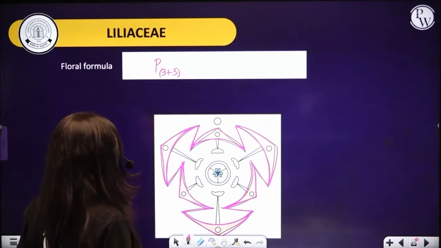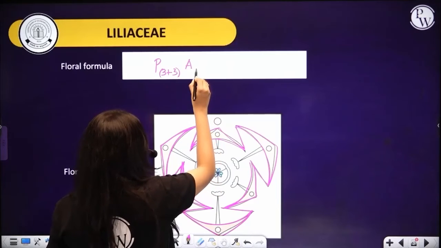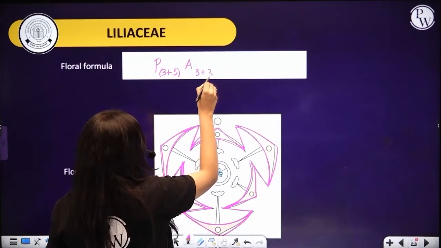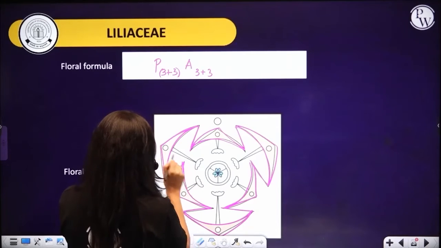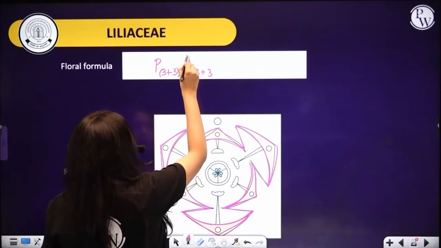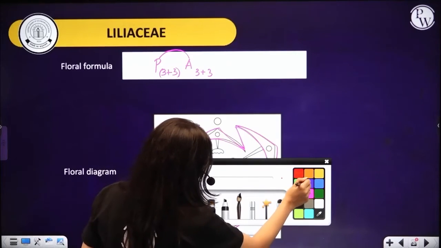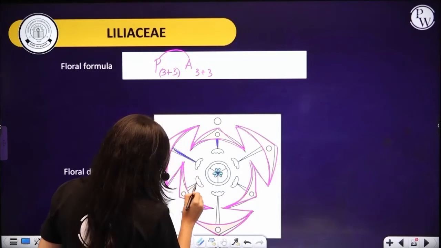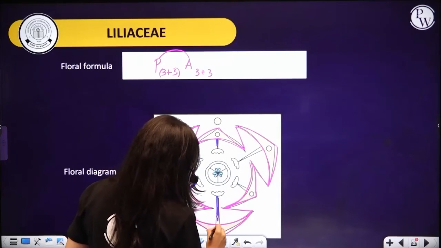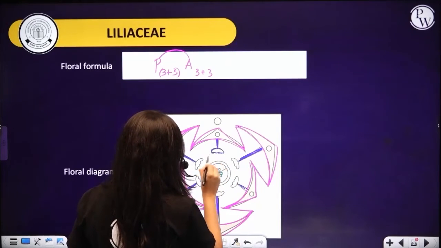Now talking about the androecium. They are 6 in number and they are attached to the tepals. Even the androecium is in 2 whorls, you can see. So you will draw a curved line from here to here. These lines represent that the filament of the stamen is attached to the tepals. Okay, so here you have the anther.